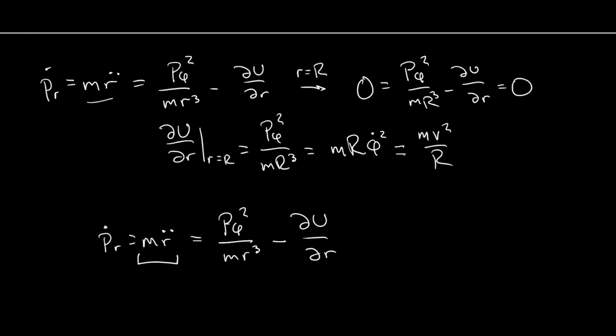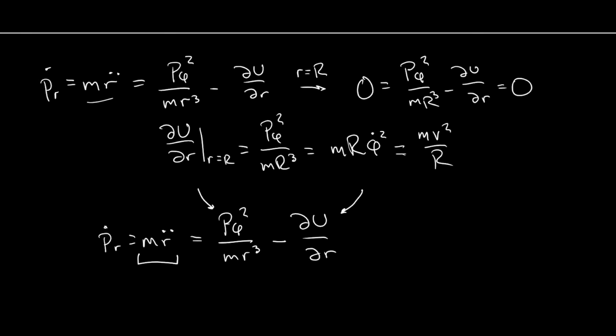On the right-hand side, we have what we would typically expect from our radial force, but we also get a second force. It shows up as a force which acts in the outward direction, right?